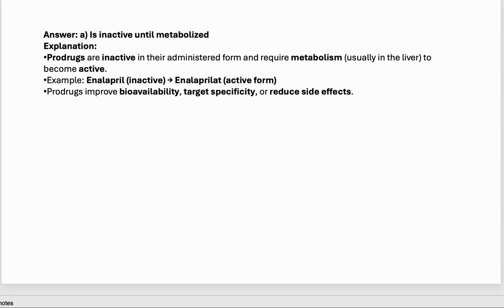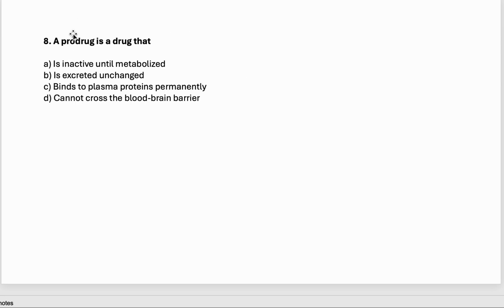Prodrugs are actually inactive before taking, and once they are metabolized, they become more active. So it's pro drug, before becoming a drug, right? Just remember it like this: pro drug, before being converted into an active form.